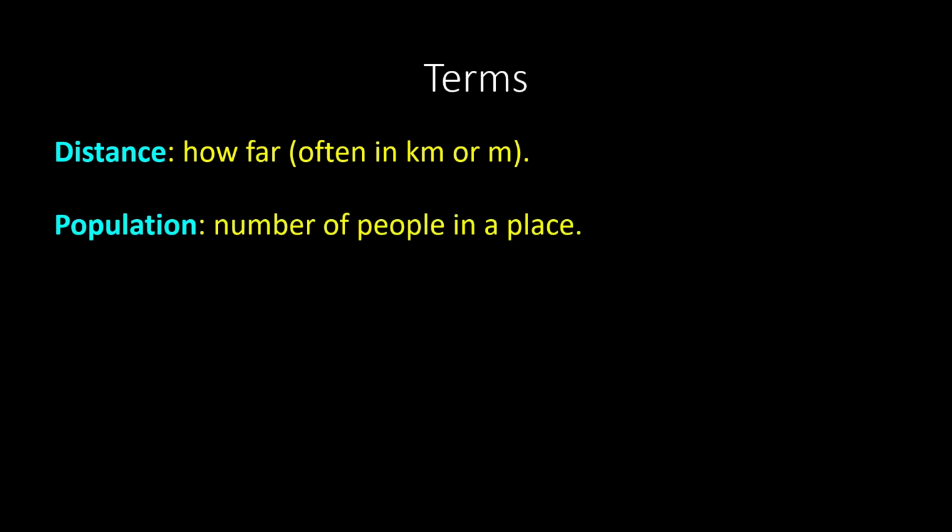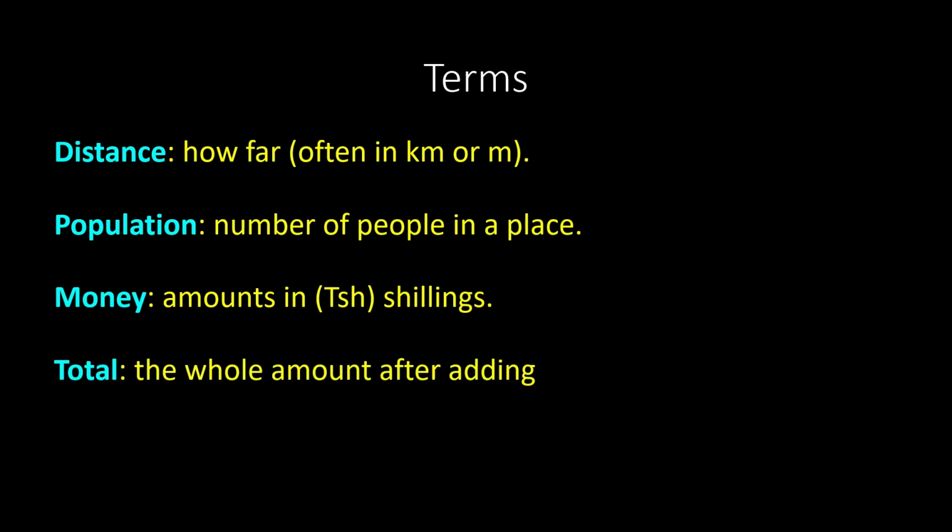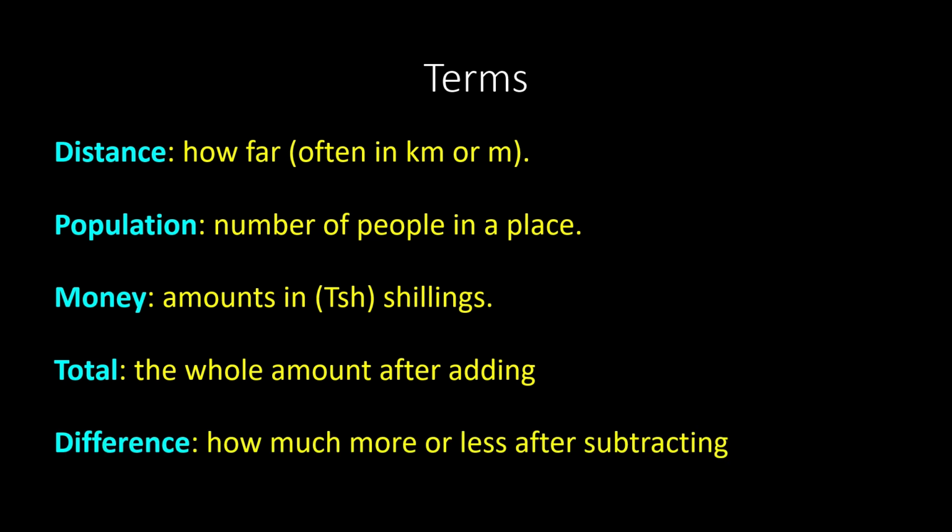Population refers to the number of people. Money requires careful attention to pounds and pence or shillings. Total usually indicates addition, while difference often indicates subtraction.